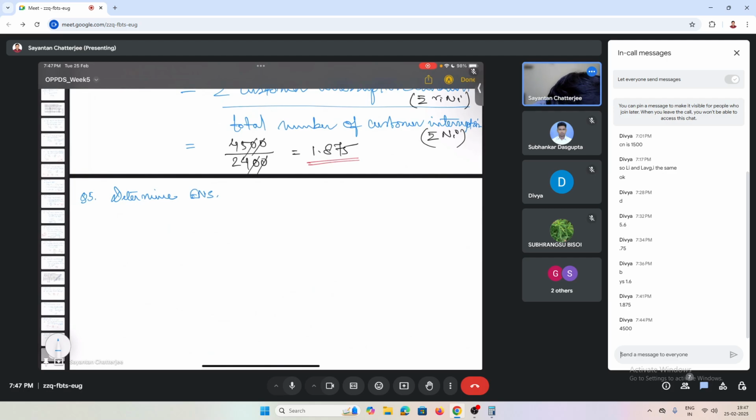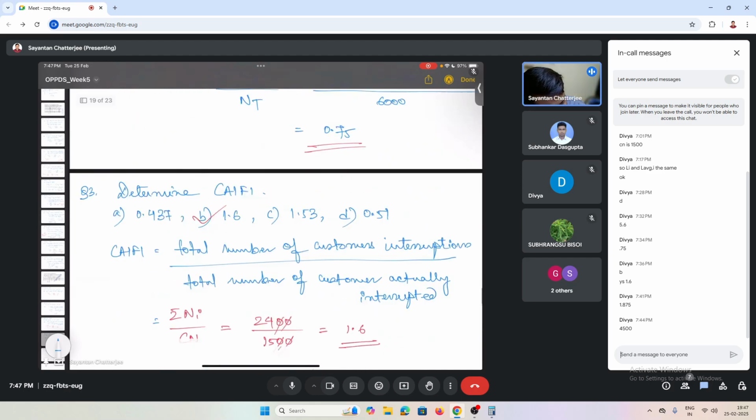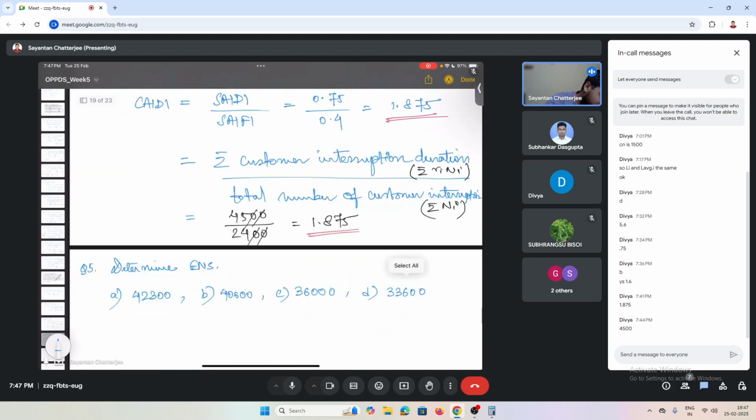Options are A 42300, B 40600, C 36000, and D 33600. So you need to determine ENS, energy not supplied. These are the options. Okay, just go through once: 42300, 40600, 36000, and 33600.